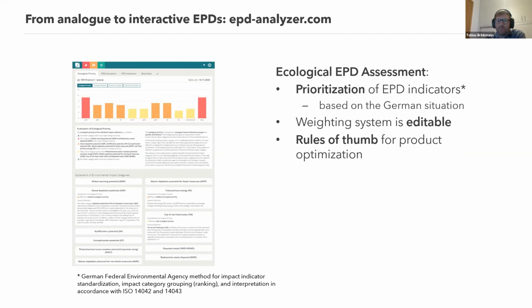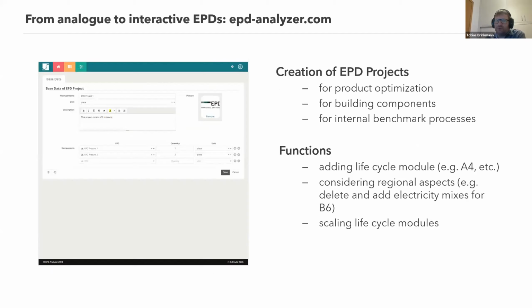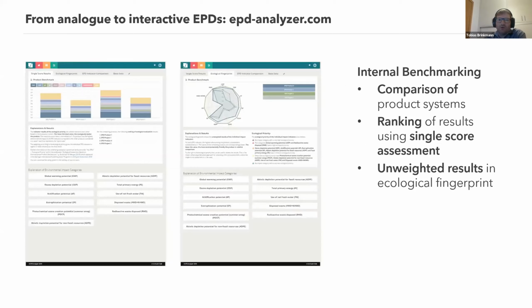And we also have the possibility to do some calculations. If we want to create a building part for a building, we can add certain EPDs and create a new EPD basically, but just for internal calculations. And then, which is of interest for a lot of people, to perform a benchmark, we can compare via a single score assessment, but also we show the results in an unweighted way.